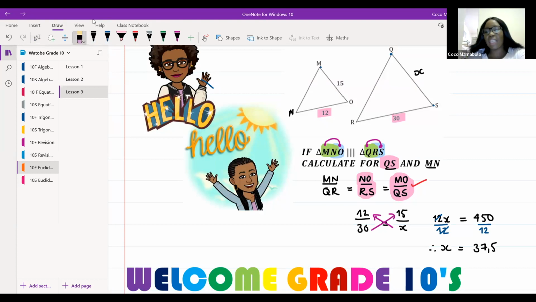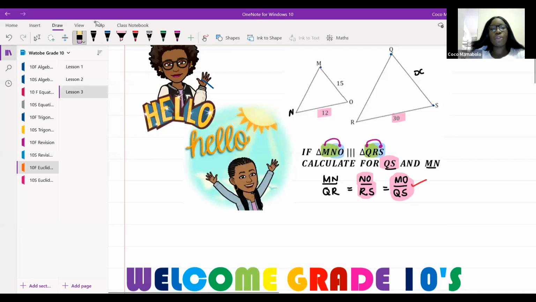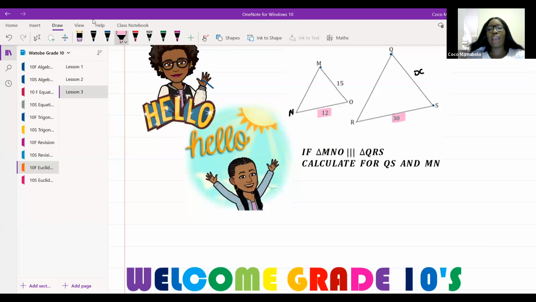Can you explain again? Yes, I can. All right. So we know that we want the sides to correspond, okay? So remember in our triangle, we have to make sure that everything corresponds correctly. If I write triangle MNO and triangle QRS, that means that MN, the first 2 letters in my first triangle, correspond with the first 2 letters in my second triangle, because they're similar.